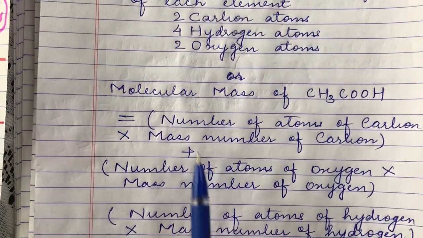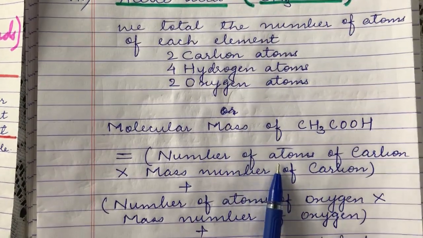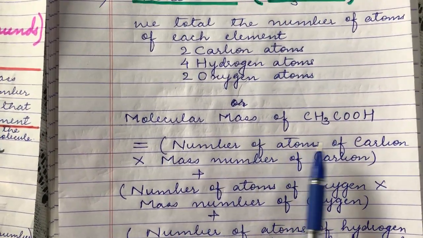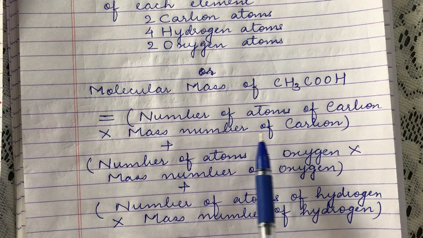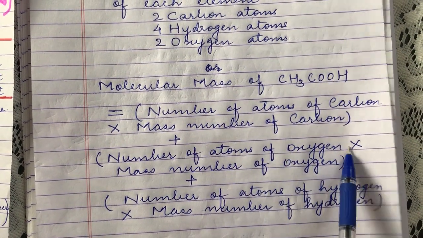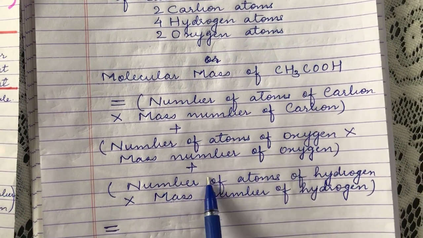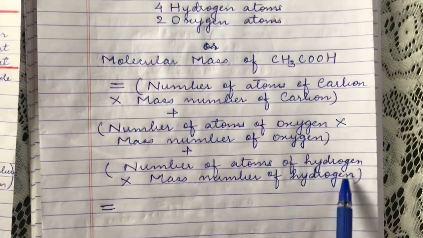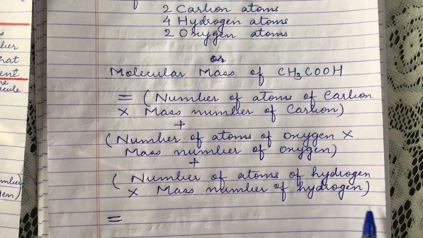Now, the molecular mass of acetic acid can be calculated as the number of atoms of carbon multiplied by the mass number of carbon, plus the number of atoms of oxygen multiplied by the mass number of oxygen, plus the number of atoms of hydrogen multiplied by the mass number of hydrogen.